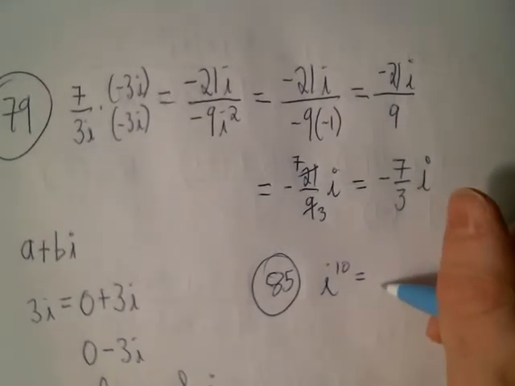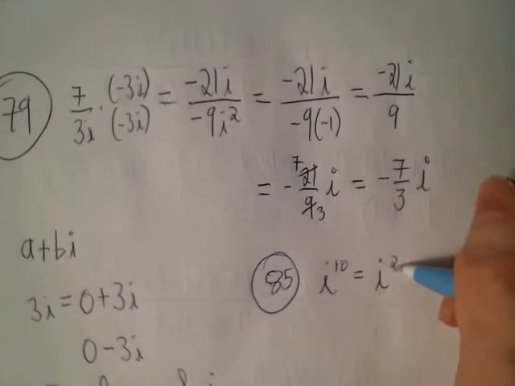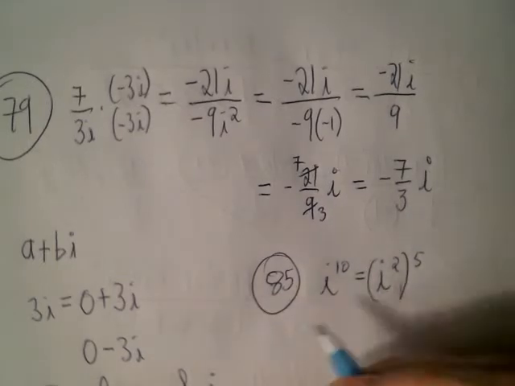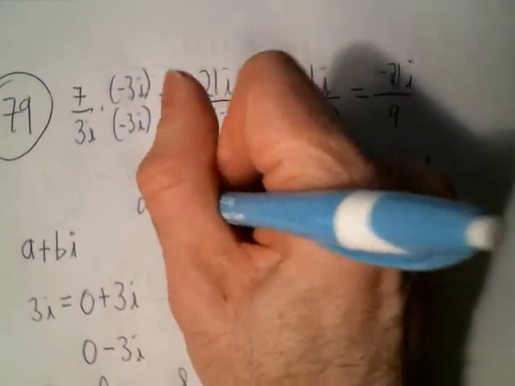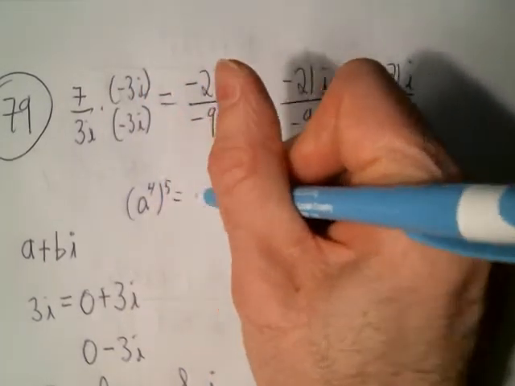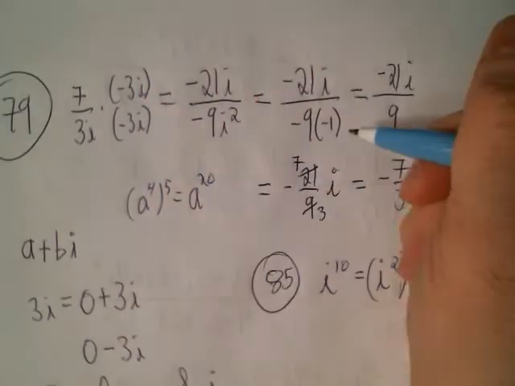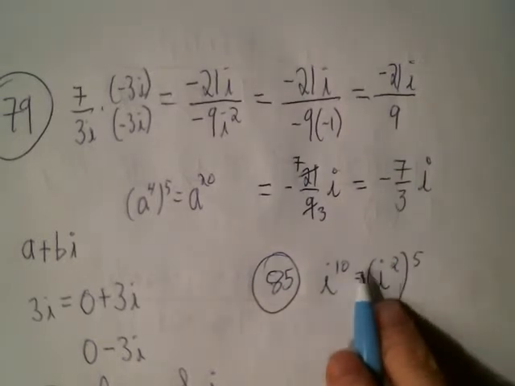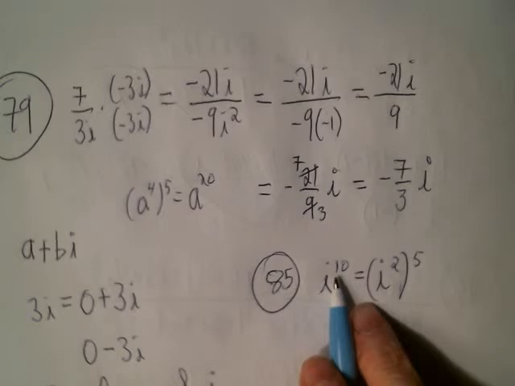Okay, so i to the 10th is the same as i squared raised to the 5th. So remember, when you have powers to exponents, you're multiplying. So if I had a to the 4th raised to the 5th power, that would be equal to a to the 20th. So here I have i squared to the 5th. 5 times 2 is 10.